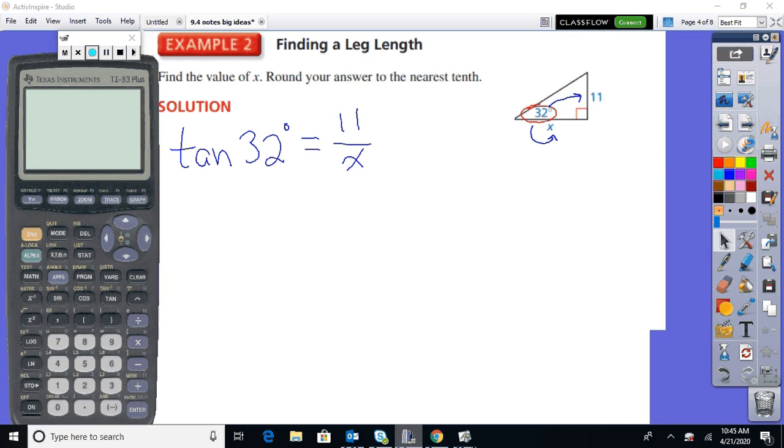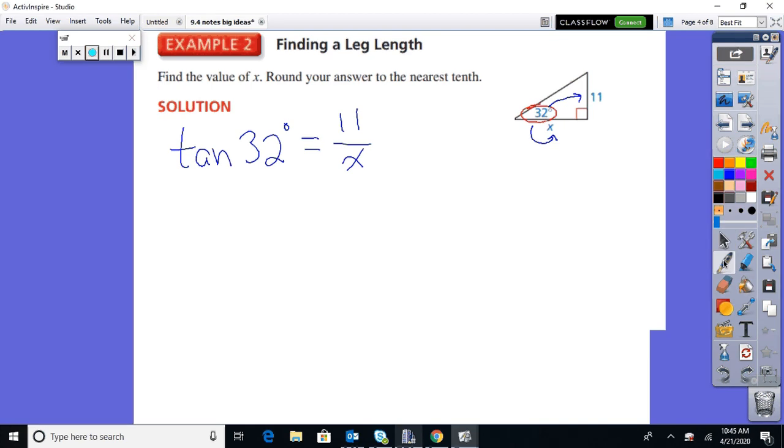All right, and here we go. The way that we are going to solve this bad boy, first off, let's clean it up. Now you could multiply both sides by x and then divide by tan 32, but a nice little shortcut you'll learn in physics is what I call the old switcheroo. It just saves a step. It's really just cross multiplying.